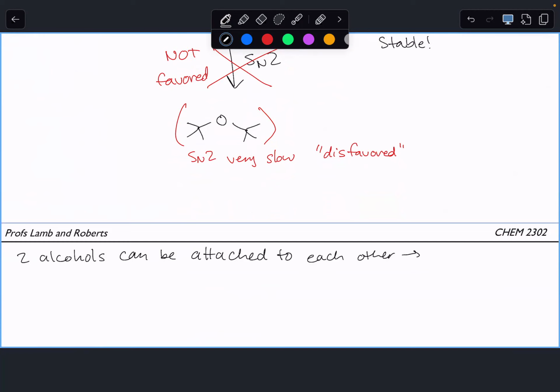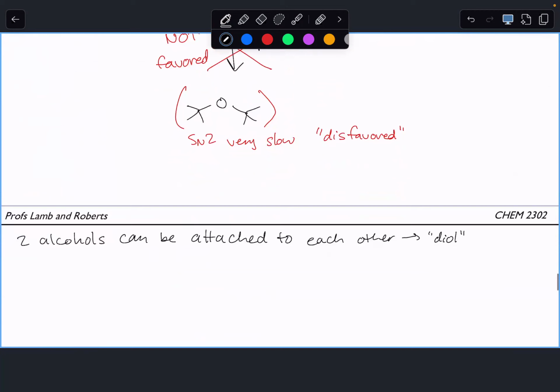So we would call that a diol. One molecule with two alcohols is a diol. This is going to be the intramolecular reaction. Intramolecular means within one molecule.